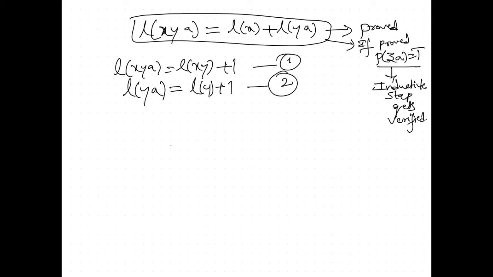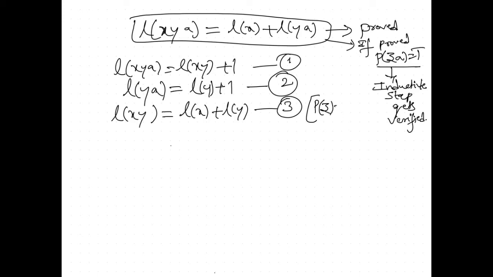This is the second result. And the third result, L of xy is equal to L of x plus L of y. Why am I writing this? Because P of z is equal to true. When P of z is true, it means L of xy is equal to L of x plus L of y.